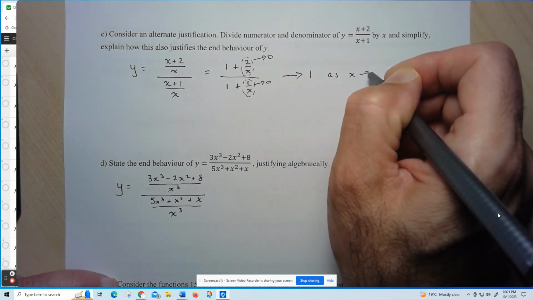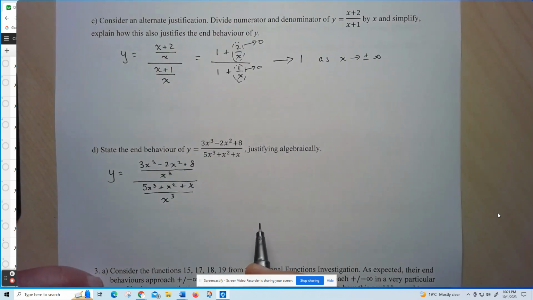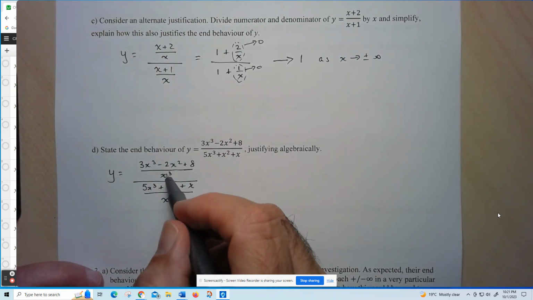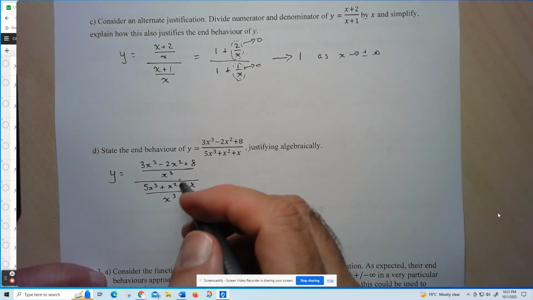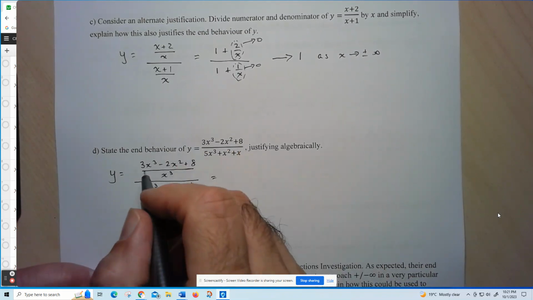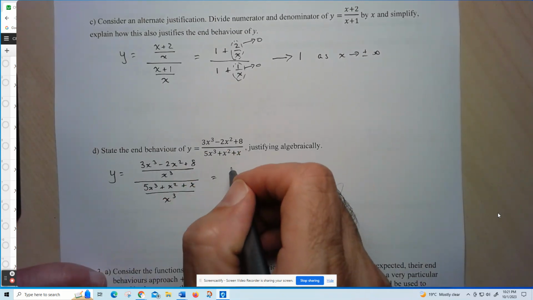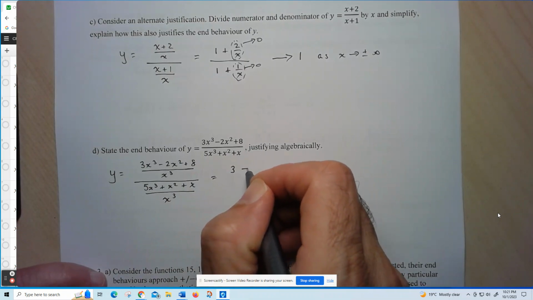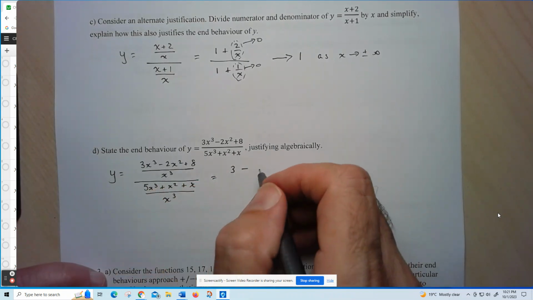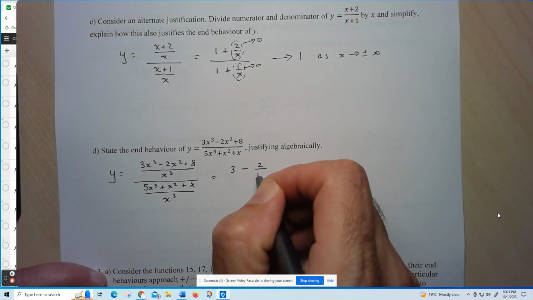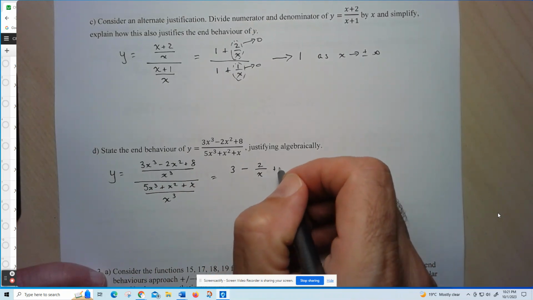Okay, and now here we can do something similar. All right, divide both numerator and denominator by the highest power of x, and let's see what happens. Well, here we're left with 3x cubed over x cubed, 3, and I think you can see where this is going, because now each of the other terms is going to have an x in the denominator.